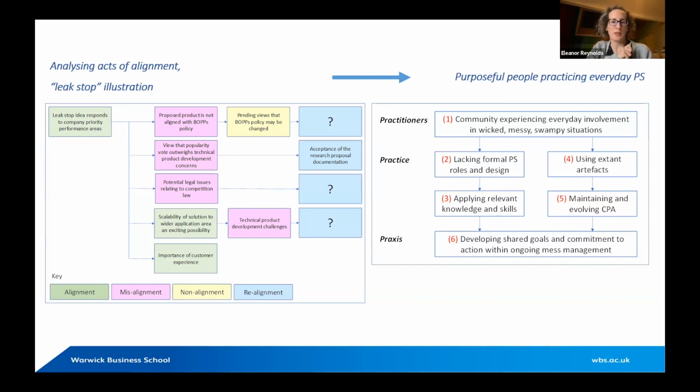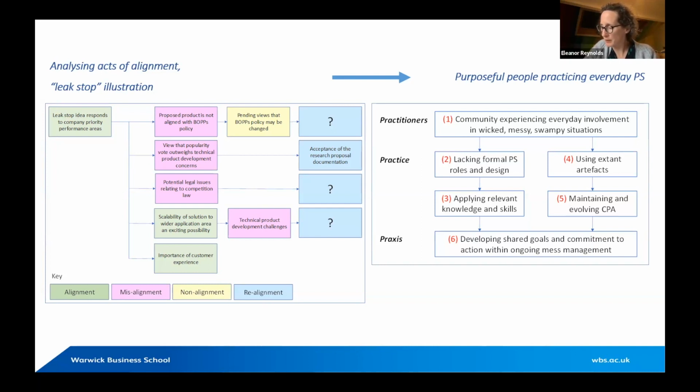So it was an interesting project to follow, in the sense that there was this misalignment, and in fact eventually a non-alignment, that it began to be the case that people thought that this BOPS policy, the burst on private property policy, might actually be changed as a result of pursuing this particular innovation, this particular idea.